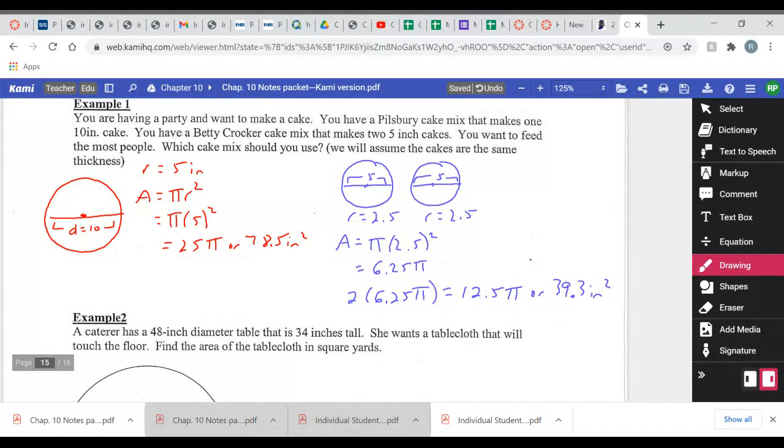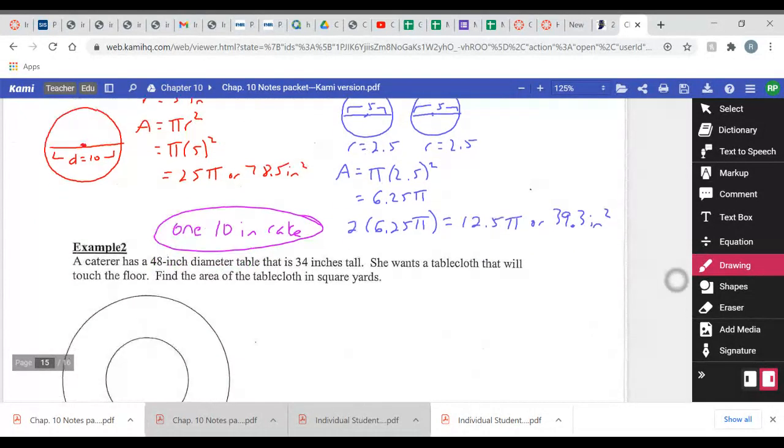So that's almost double the amount, even though you might have thought the 2 smaller cakes would be bigger than the one 10-inch cake. But it wants to know which cake mix we should use. And to feed the most people, we're going to say 1 10-inch cake. There we go. All right.